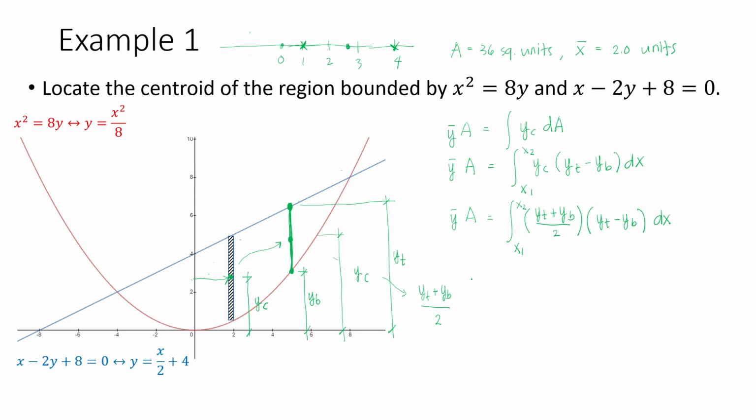Okay, so answering the problem now. So bar y times 36 is equal to the integral of y top first. That would be the blue graph, which is x over 2 plus 4, and then plus x squared over 8, divided by 2.